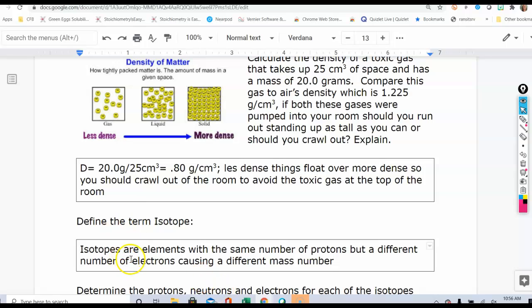And I said electrons. Electrons is incorrect. Instead, we should say neutrons. And I spelled neutrons wrong, everybody. There we go. So causing a different mass number, different number of neutrons.